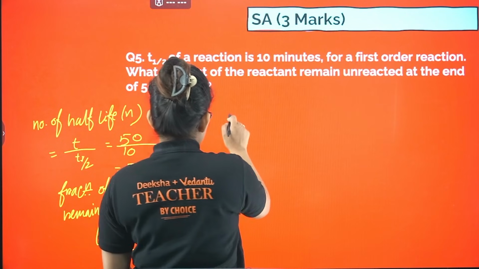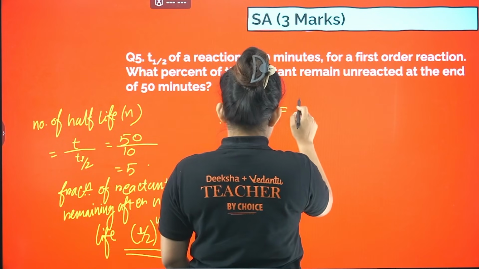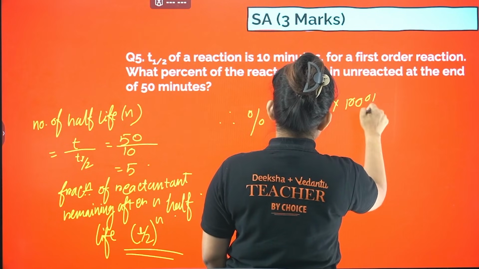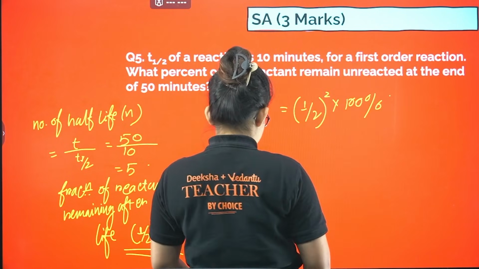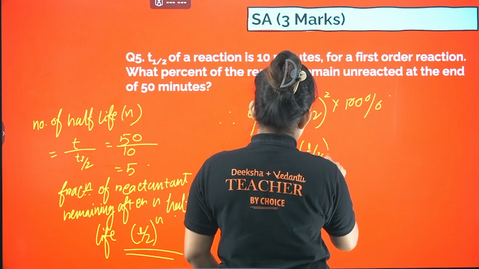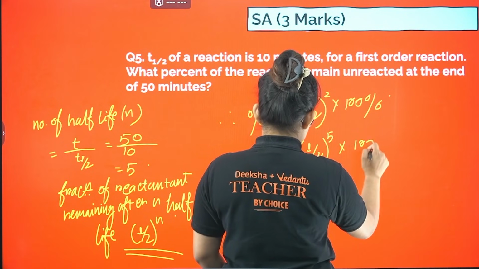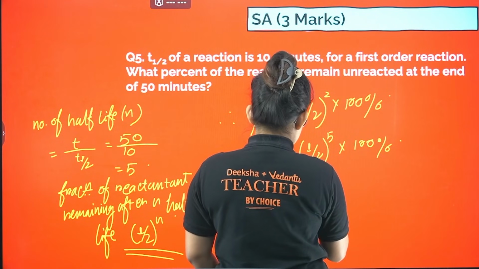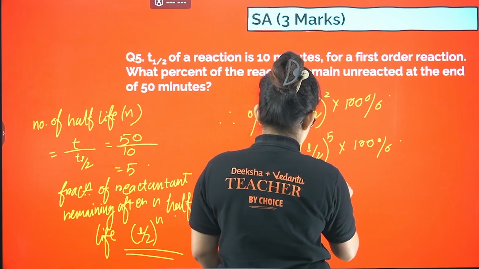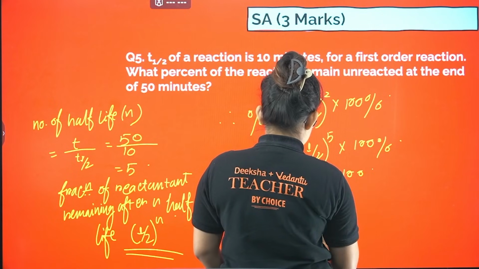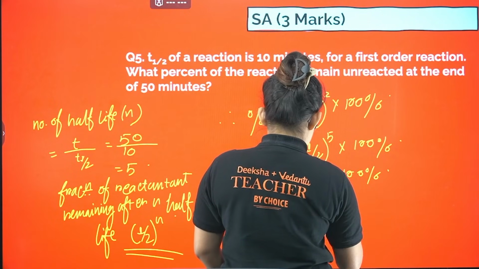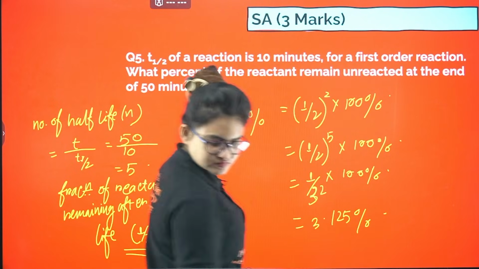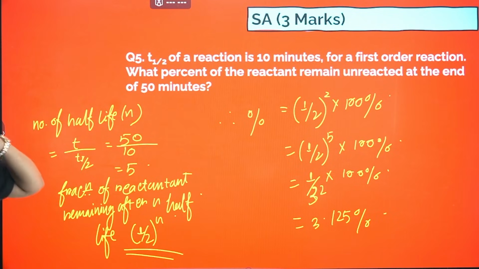Okay, so from there, percentage, how I should get, that is half power n into 100%. Okay, so let's put half power 5 into 100%. Okay, so from here we will get 1 by 32, right? 1 by 32 into 100%. So you will get here 3.125%. Okay, so this is the process. Let's proceed.